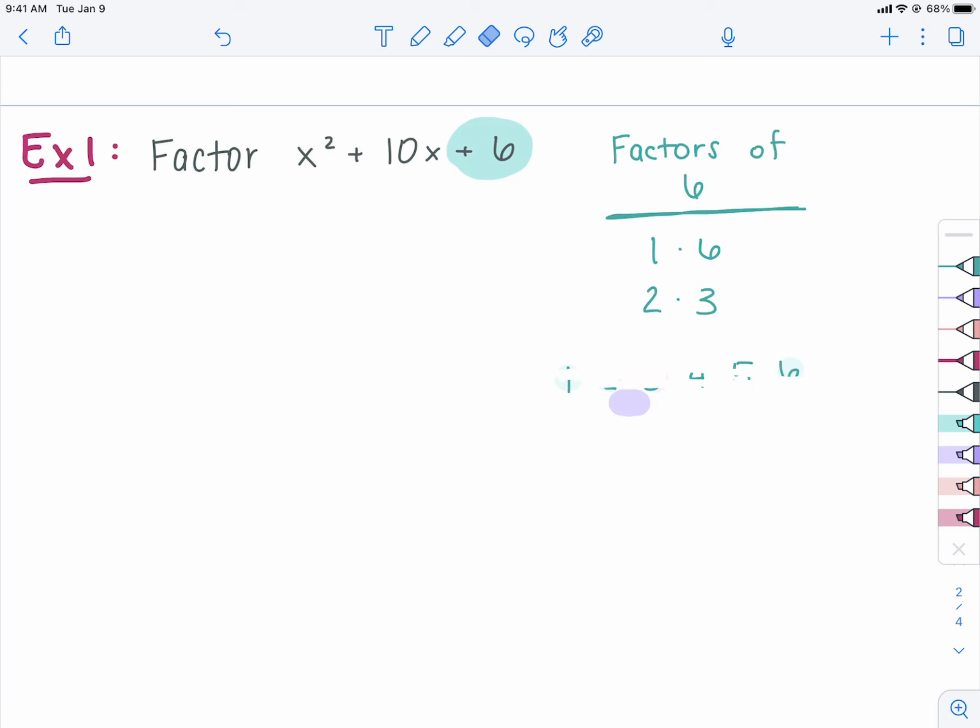Anyway, once we found all of our factors, then we want to look at our two options, because we're not going to use both of them to solve the problem. We want to look at our two options and say, okay, factors of 6 that add to 10.